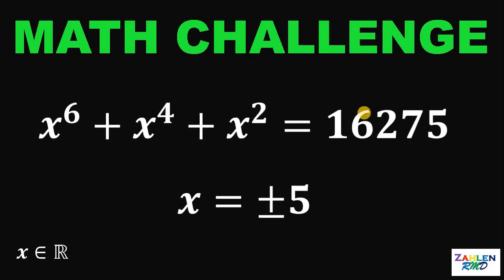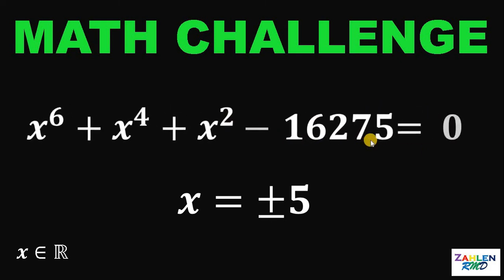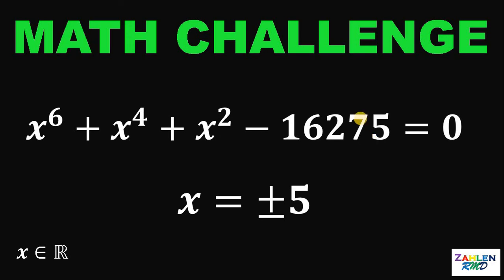But this is not enough. So, let's use another method to see that x equals 5 or x equals negative 5 is the only real solution to this equation. Now, what we need to do is to equate this equation to 0, and then try to factor this polynomial using the methods that we know.